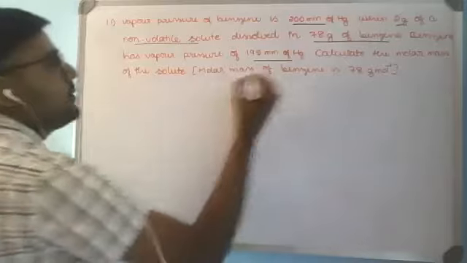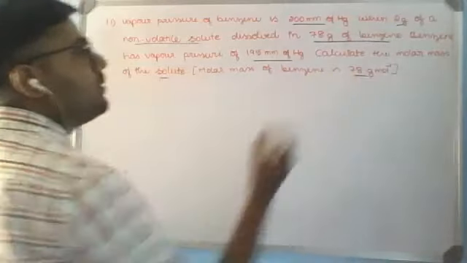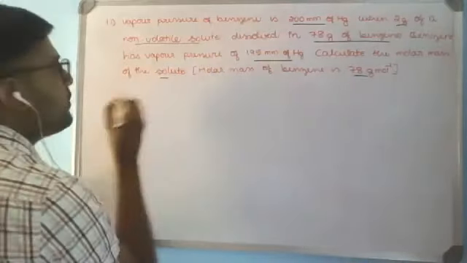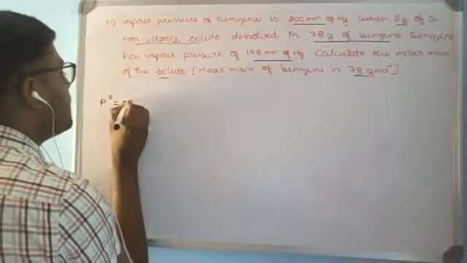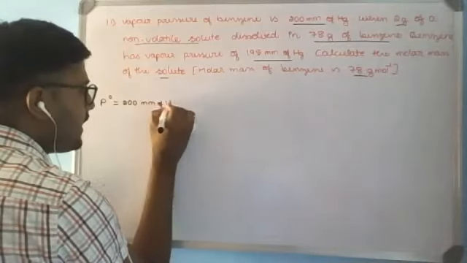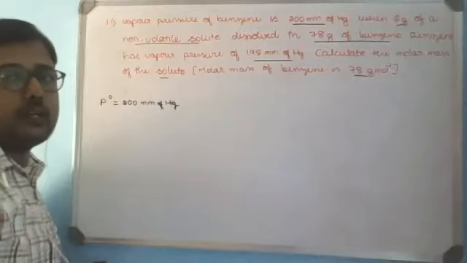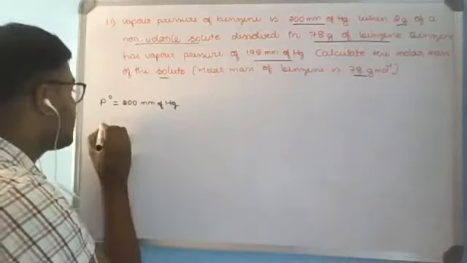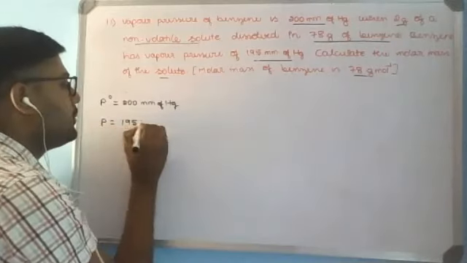With this information, they are asking us to calculate the molar mass of the solute. If you have a confusion, remember P naught will always be greater when compared to the other pressure, that is the pressure of the solution, which is 195 mm of Hg.